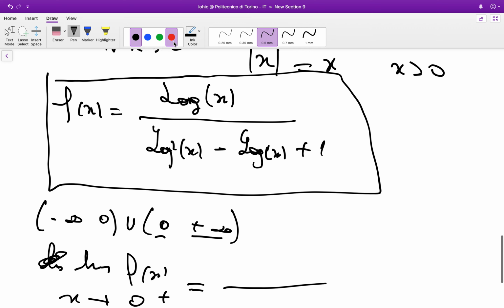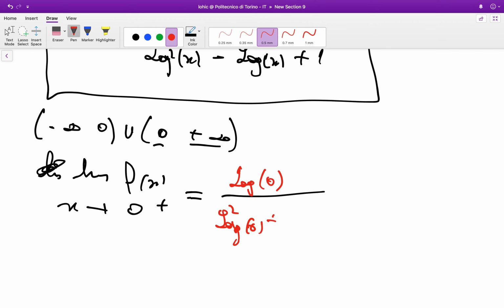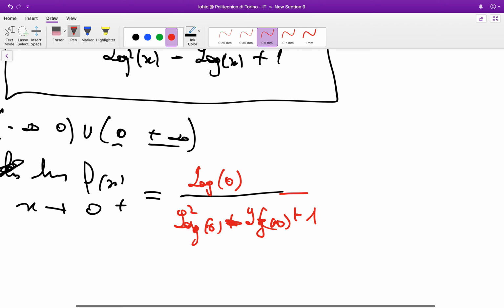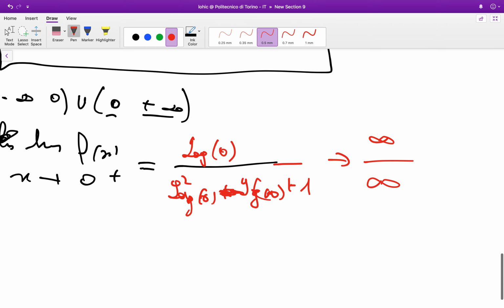So you will get log of 0 divided by log square of 0 minus log of 0 plus 1, right? At this point, note that the log square of 0 means infinity over infinity, right?